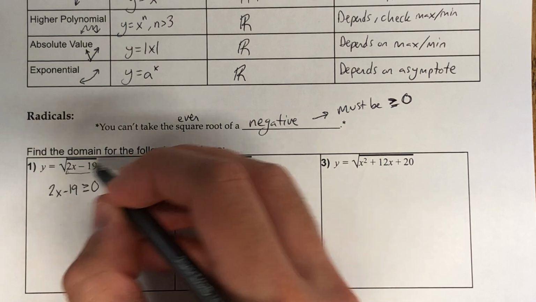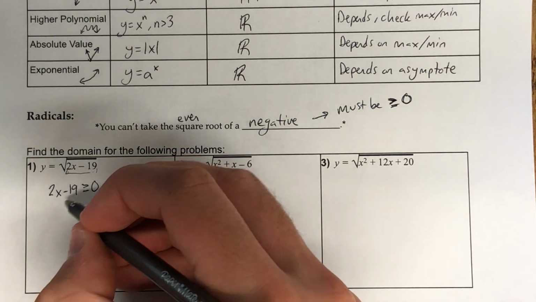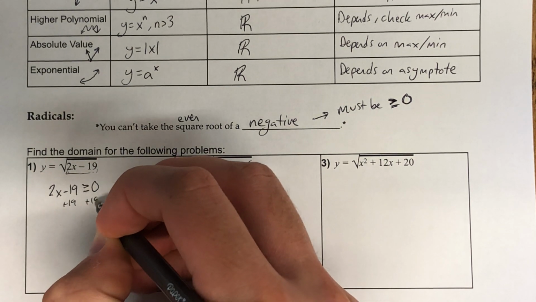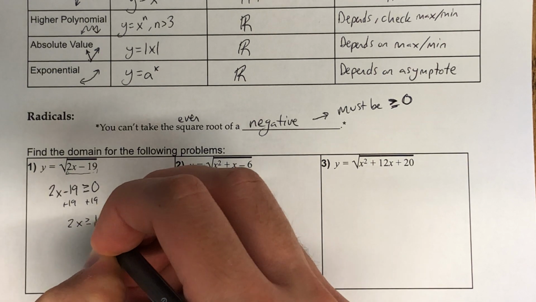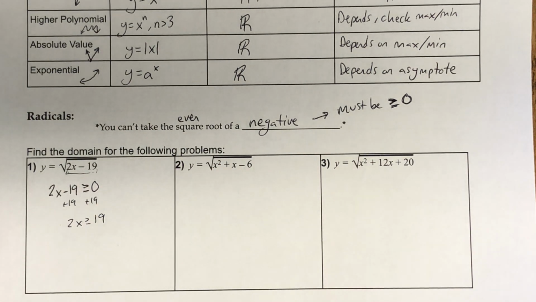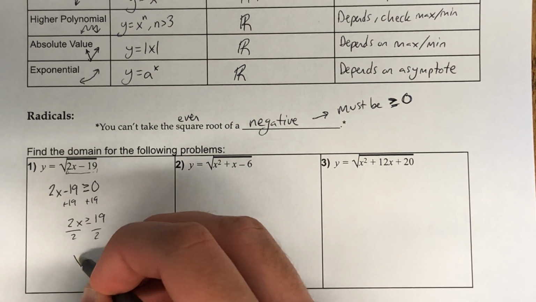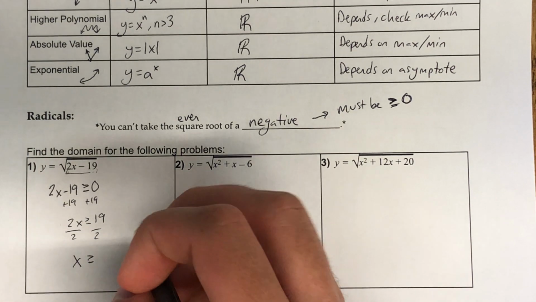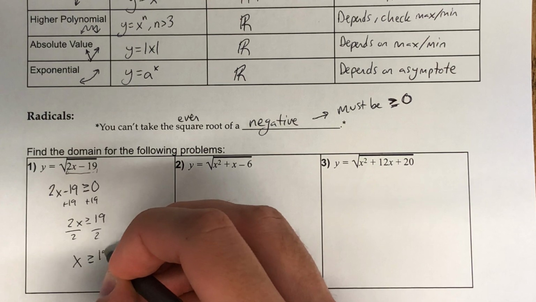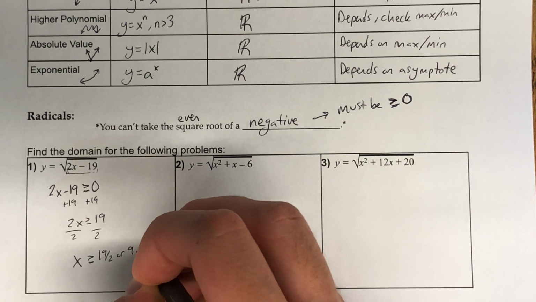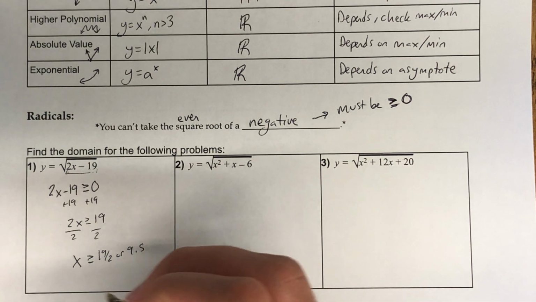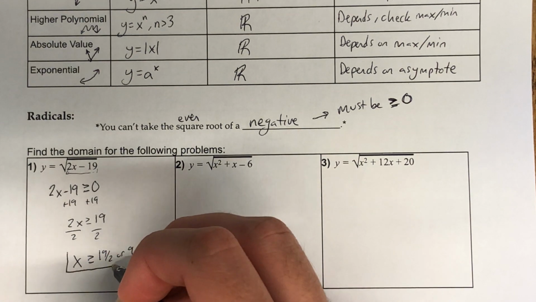So what we do is we set the inside greater than or equal to 0, and then solve for x. So we add 19 to both sides, divide both sides by 2, and we get x is greater than or equal to 19 over 2, or 9.5. And this would be our domain.